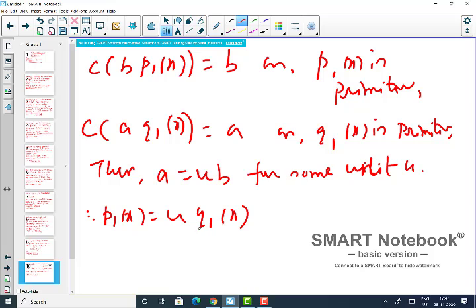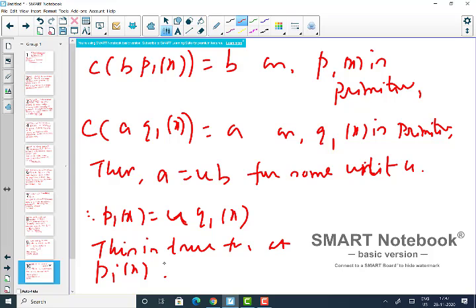And this is true for every i. So for all pi's, these are some unit multiples of qj's.